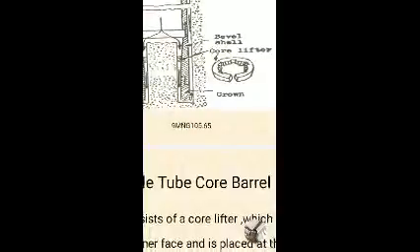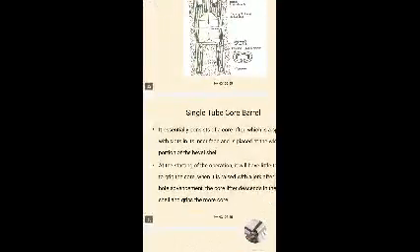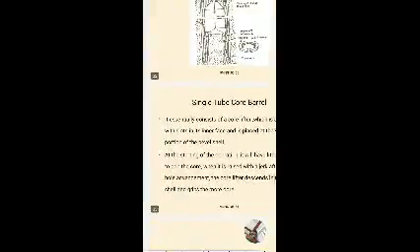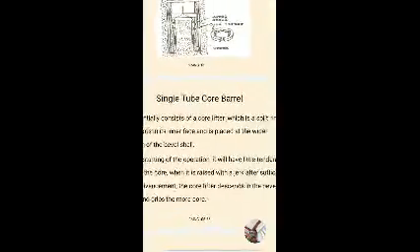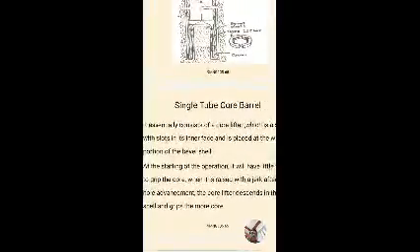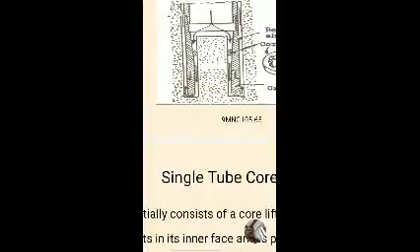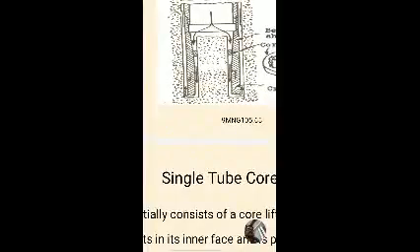This slit ring is also called a core lifter, with slots on its inner face, and it is placed in the wider portion of the bevel shell.